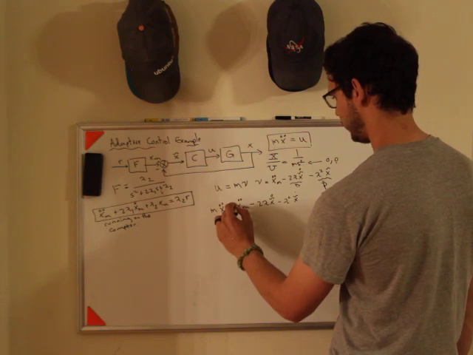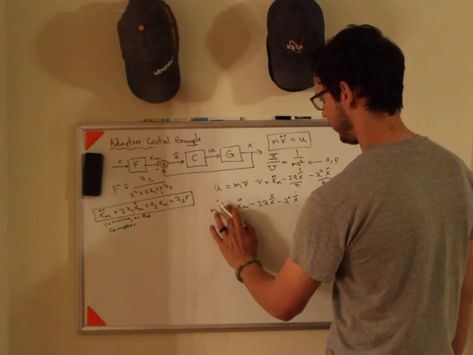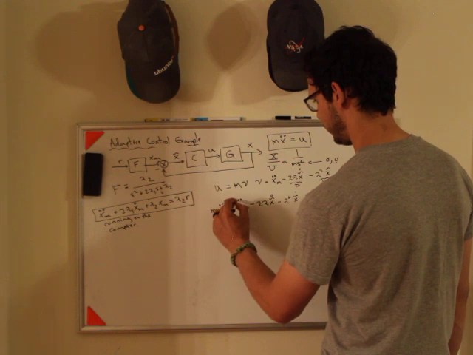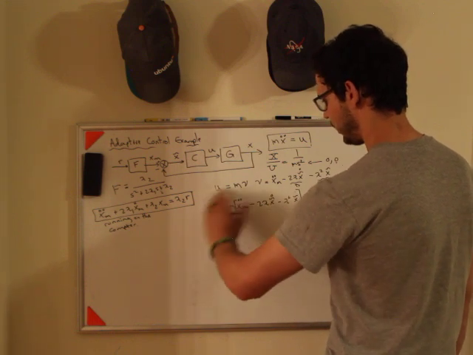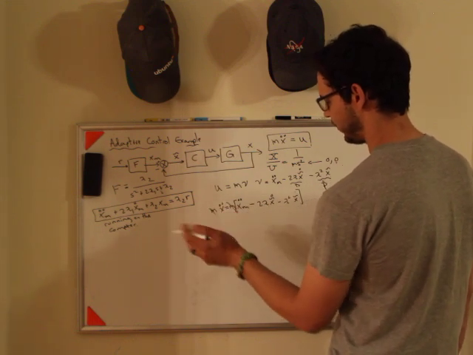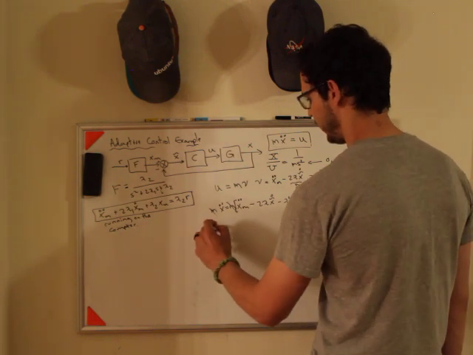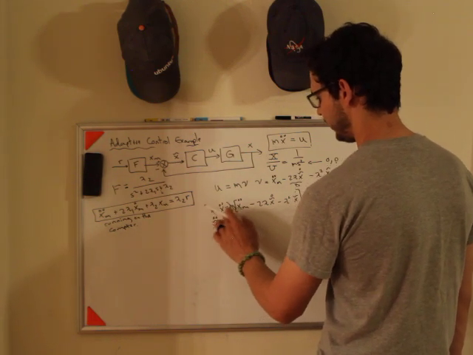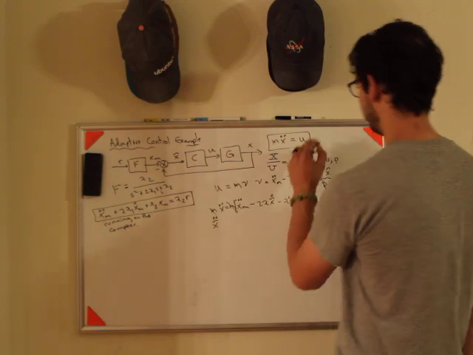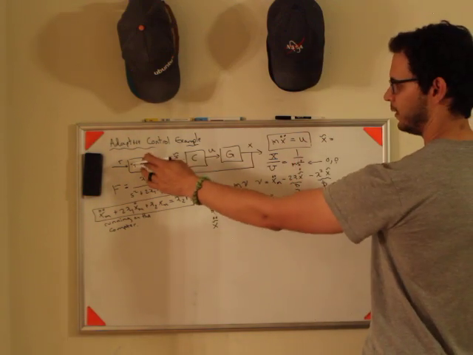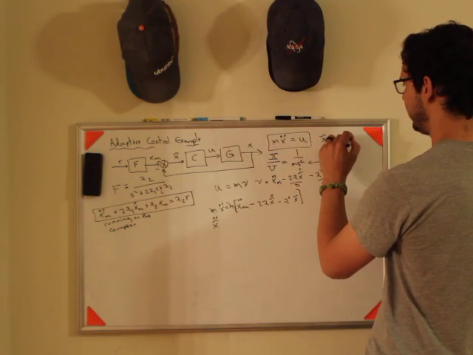So I'm going to put an m here. Actually, the m's just cancel, I forgot. Anyway, if I bring this to the other side, I'm going to get x tilde double dot. Oh, I forgot to tell you what x tilde was. x tilde is x model minus x.